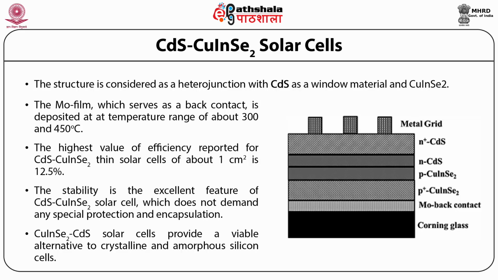Hence, it is believed that this type of solar cell provides a viable alternative to crystalline and amorphous silicon cells. Further, due to the lower band gap of copper indium selenide, solar cells based on this provide substantial potential for use in tandem structures.